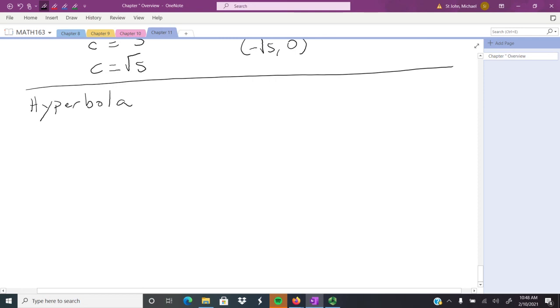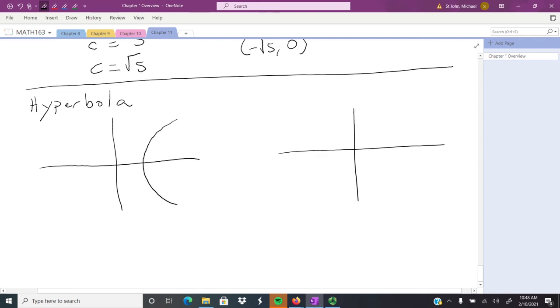So again, let's draw a couple of quick graphs for these. The first one will be one that's going like this and like this. And then the other one would be going like this and like that.